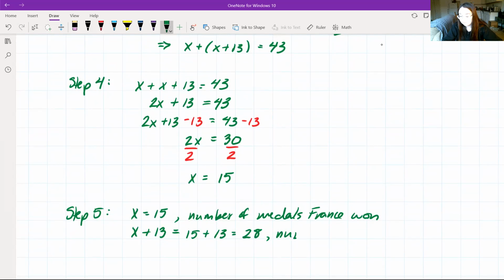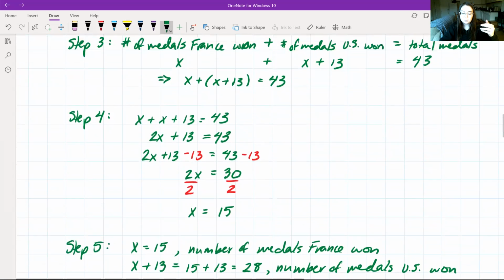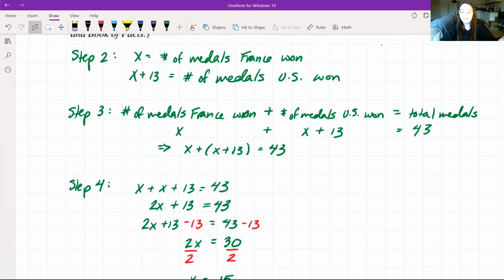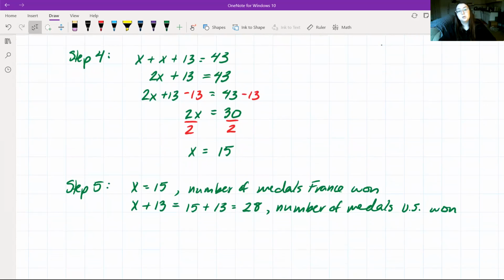And this is the number of medals the US won. So we use the expressions that we know for our unknowns. So step 2, we use our x and x plus 13 to state our solutions. So we had x is equal to 15 and x plus 13 is going to be 15 plus 13, which was 28.